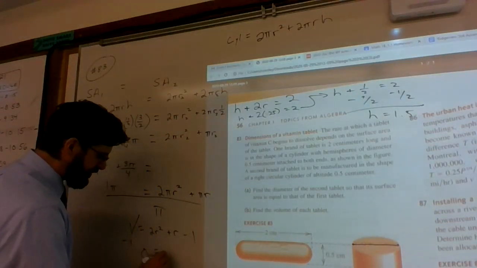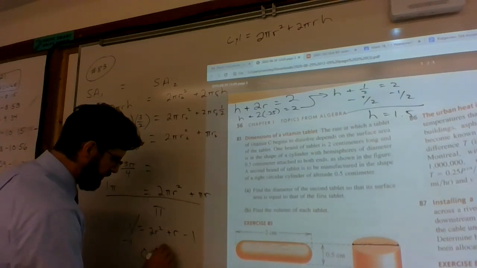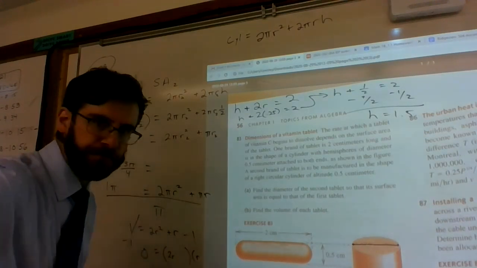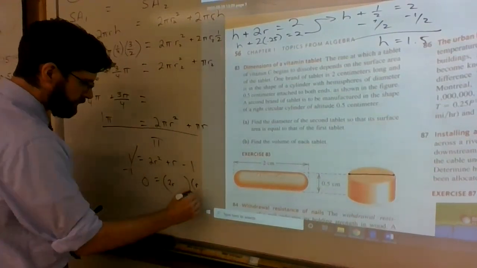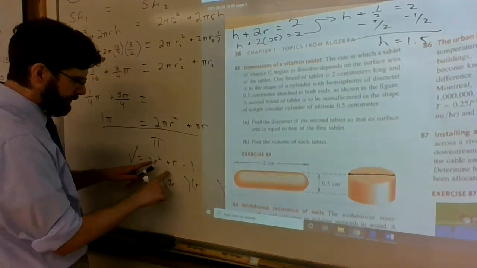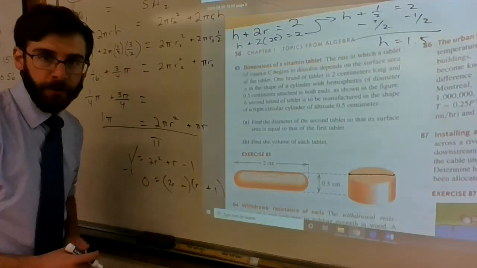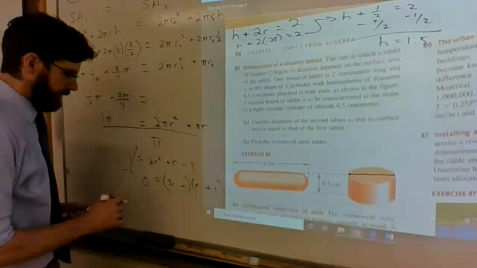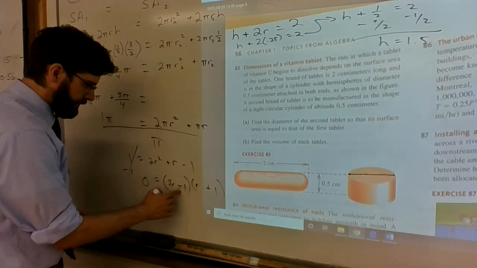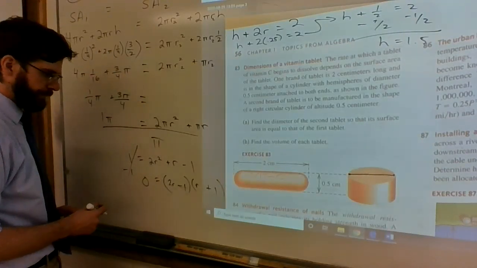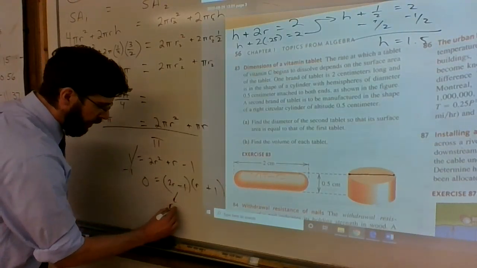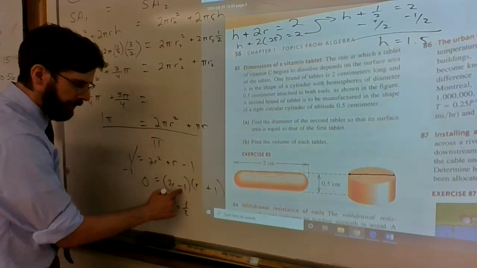So quick guess and check says it's going to be 2r times r, and we need a positive in the middle, so that's how this is going to go. Well, this one equals, r equals a half for 2r minus 1.